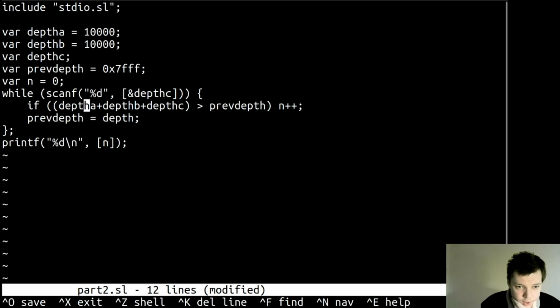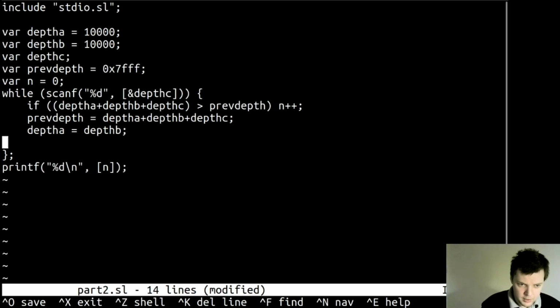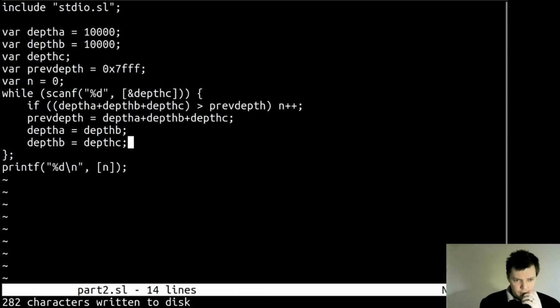Okay. So prev depth is 32,767. And then we want depth A equals depth B equals depth C. And I think that's all we need. As long as I haven't made a blunder about the first few cases.